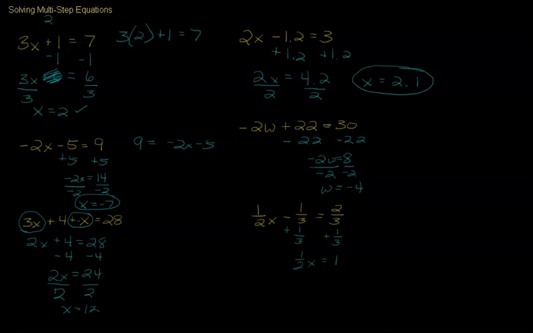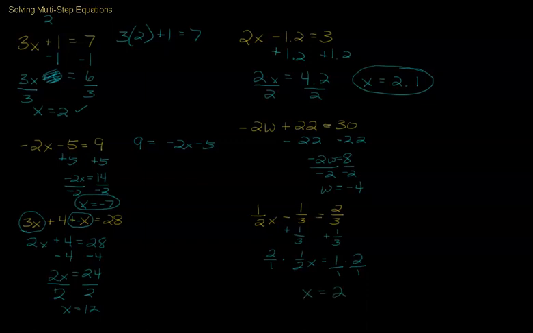Now this goes back to 6th grade math. What times a fraction equals 1? We know that if we multiply by the reciprocal, that equals 1. So if we multiply by 2 over 1, our answer equals 2.